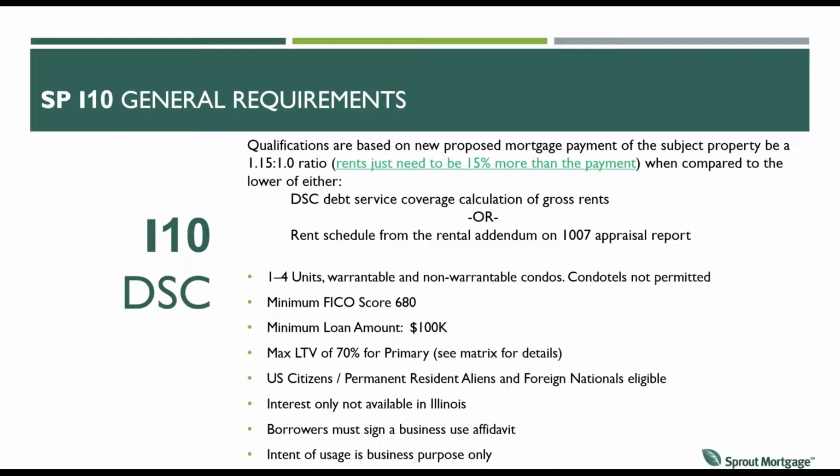This will be either based on the calculation of gross rents, or we will take it from the rental addendum on the 1007 appraisal report. The properties that are qualified for this are 1 to 4 units, warrantable and non-warrantable condos. Condotels are not permitted. Minimum FICO score of 680, minimum loan amount of $100,000, and then your max LTV of 70% for a primary.